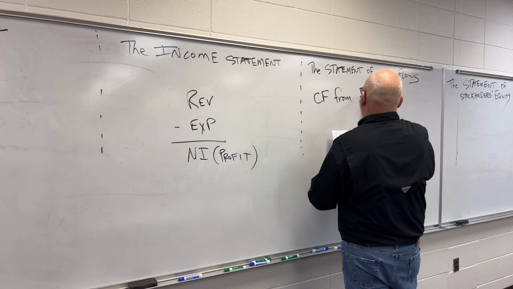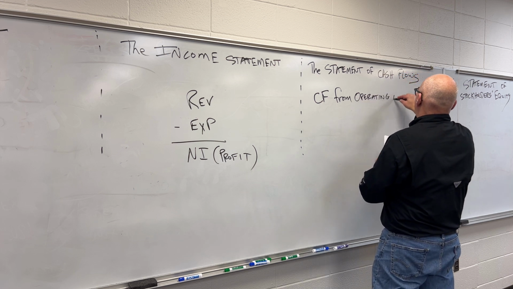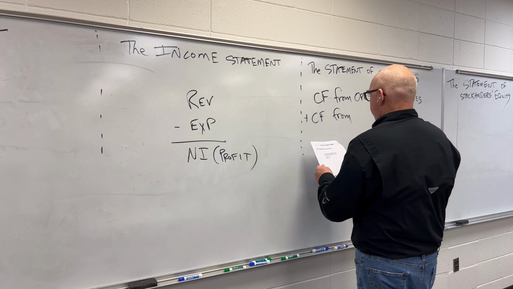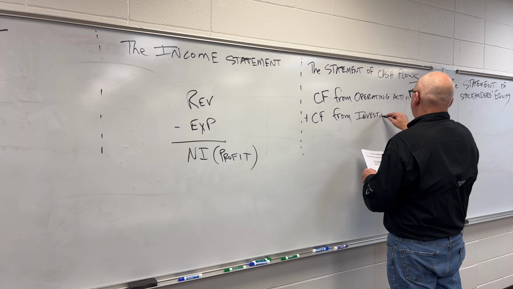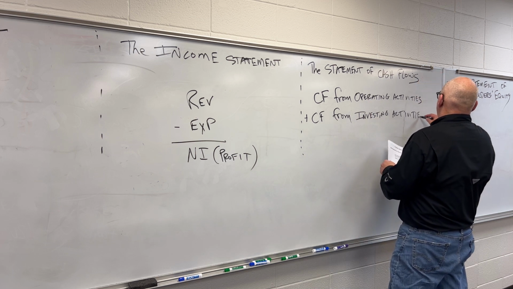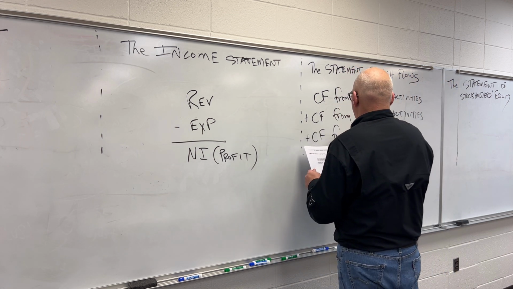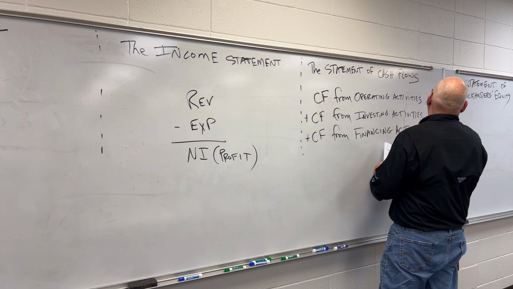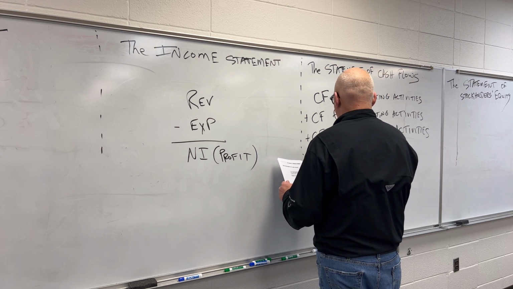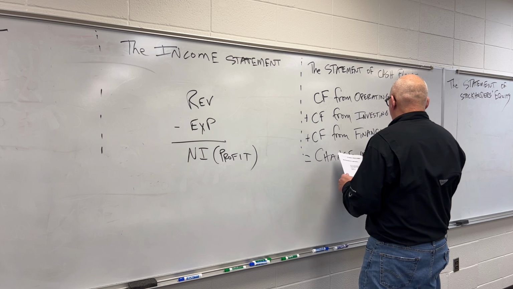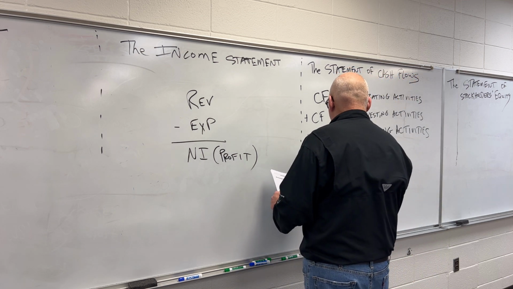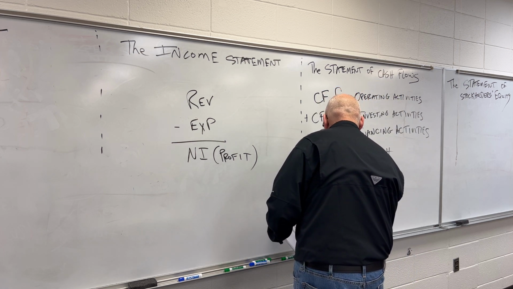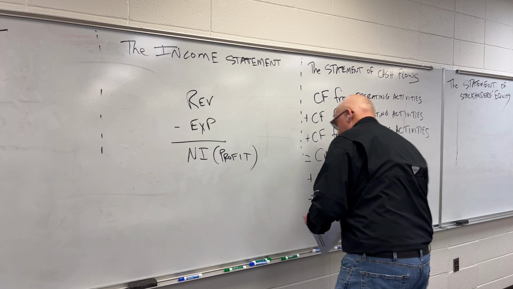Cash flows from operating activities plus cash flows from investing activities, and then plus cash flows from financing activities equals change in cash, and then you add beginning cash, and that equals ending cash. Okay, let's see how that looks on the board.